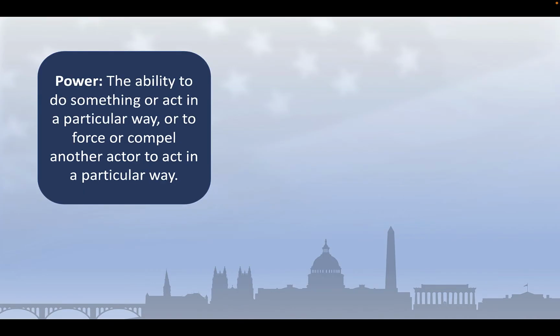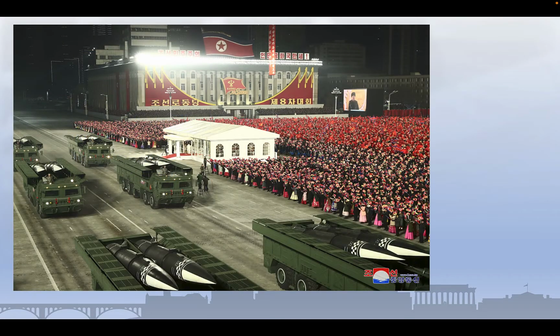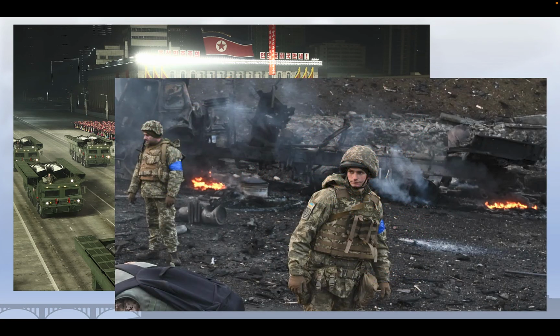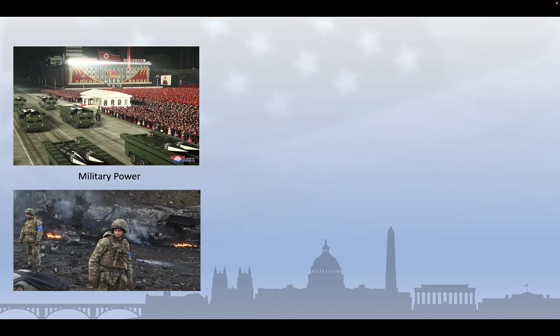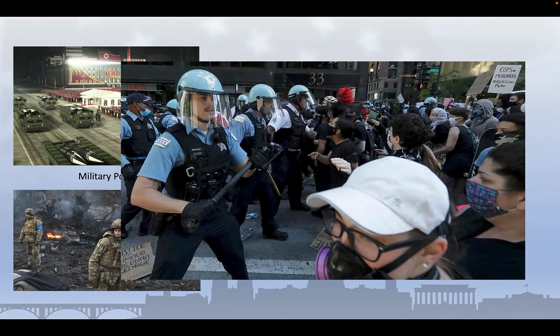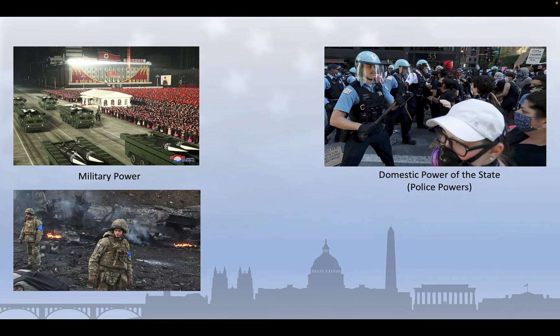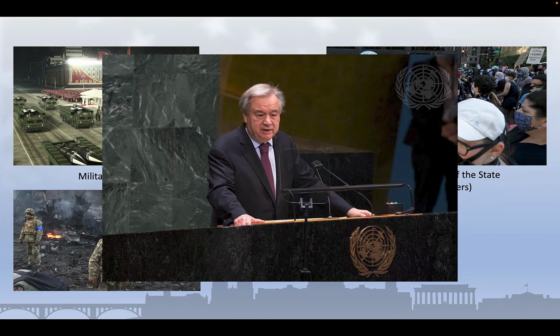We can see it in the military power of a state, which can be operationalized symbolically through military parades, or more directly through the use of military force. We might also think of the domestic powers of the state, including the police power that it wields, or the powers of influence and diplomacy, often called soft power, exercised by both individuals and institutions.